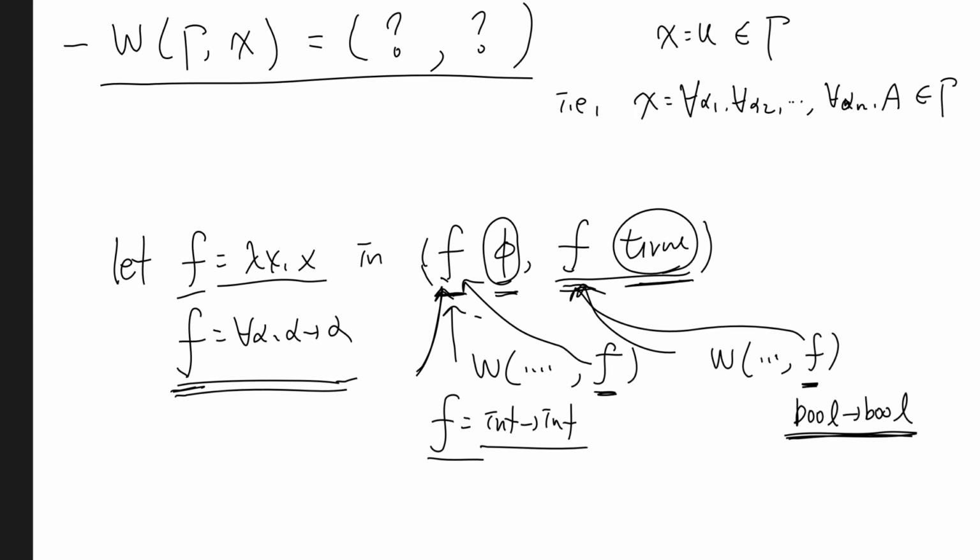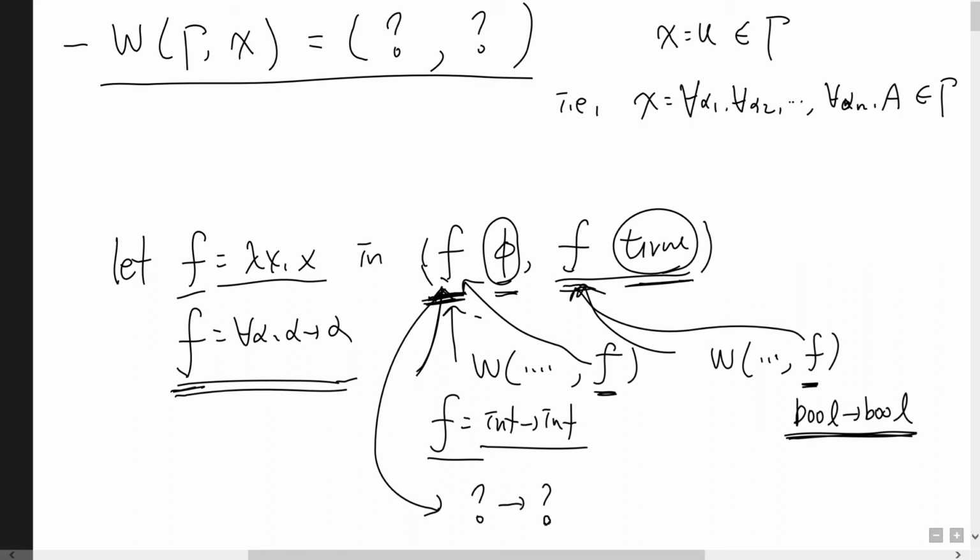So the best action, the most conservative action, or the safest action we can take here is we just leave the type of this variable f unanswered, unknown. That is, we don't know the actual type, but it must have this form, something arrow something.